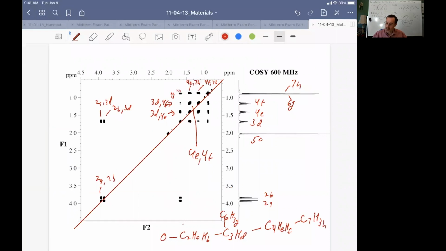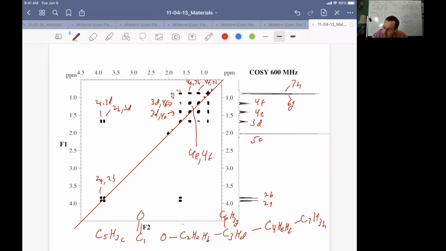And if we're keeping tally at this point, we haven't taken care of C5H3C, and we haven't taken care of our C1 carbonyl. But in this case, it's pretty easy to put the pieces together because we've built up an entire chain.